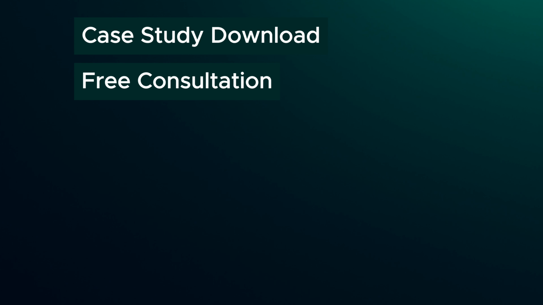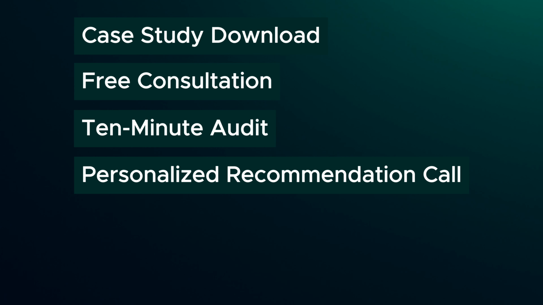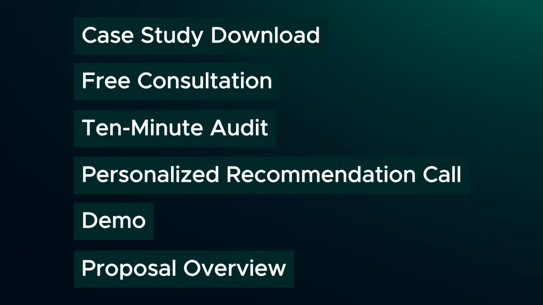And at the decision stage, your viewer is already at the bottom of the funnel. So evaluating you specifically. Your CTAs will be loud and clear at this stage. A case study download, a free consultation, a 10-minute audit, a personalized recommendation call, a demo, or a proposal overview.